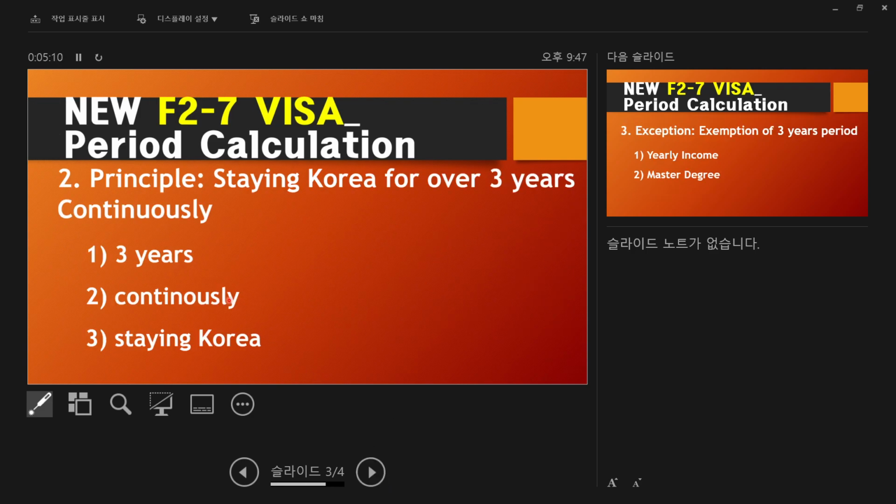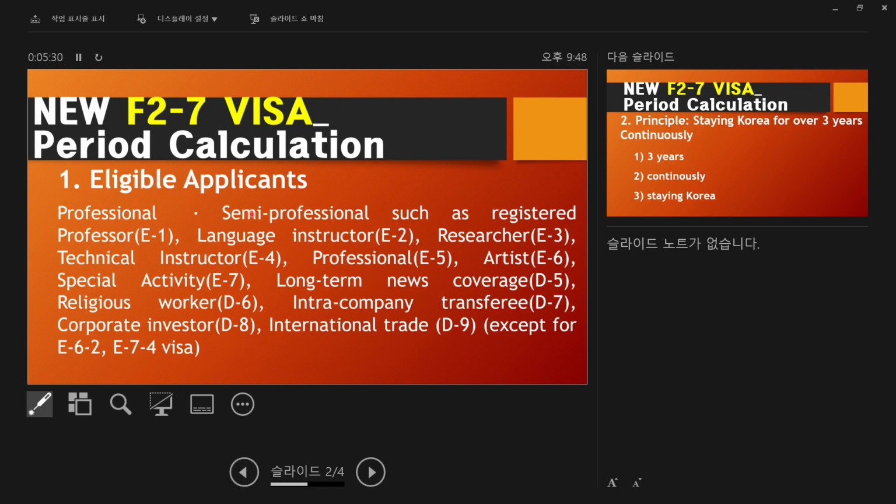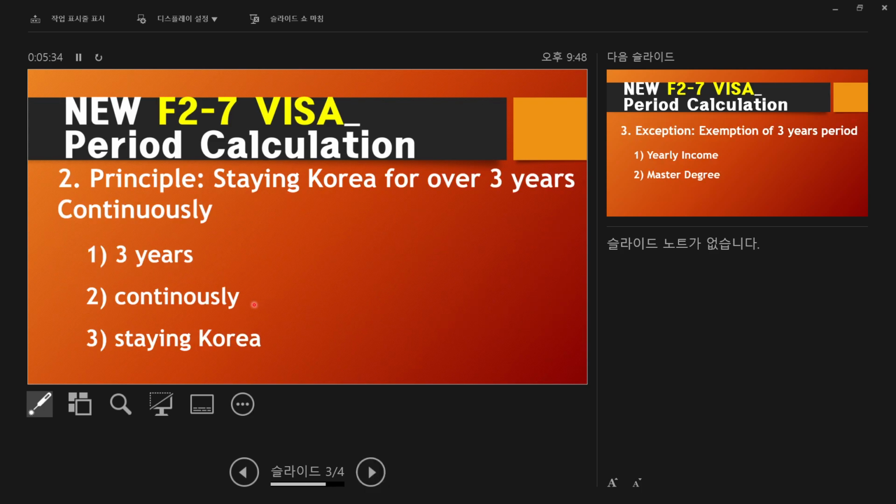So continuous means if you got an E2 visa, it is from the date of issuance of your ARC to now. So if you don't have E2 right now, or if you got a D10, you have to get this visa first, right? This is what continuous means.